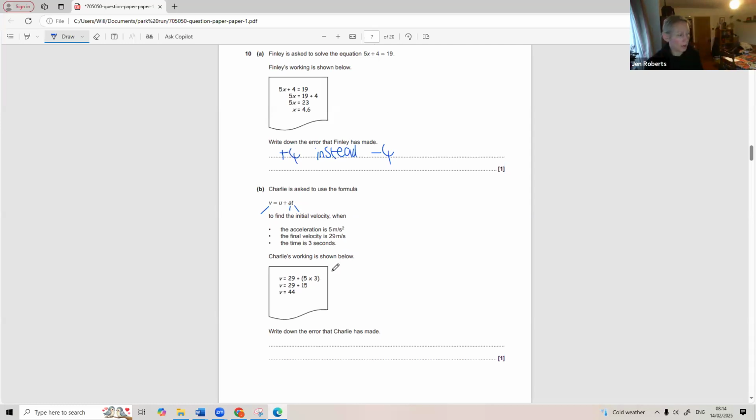This is Charlie's working out. So we should have spotted here, we used 29 as the initial velocity instead of the final velocity. 29 should be your V. So 29 is final velocity, so equal to V, not U.